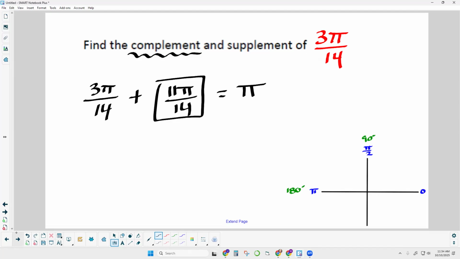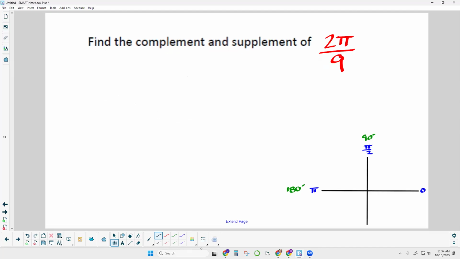All right, let's look at one more. Find the complement and supplement of 2 pi over 9. So we've got 2 pi over 9. What must we add to get pi over 2? Again, I'm going to write pi over 2 and 2 pi over 9 with common denominators.